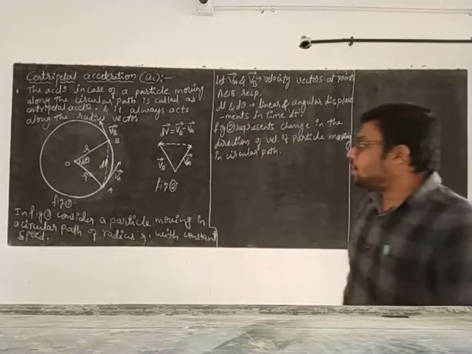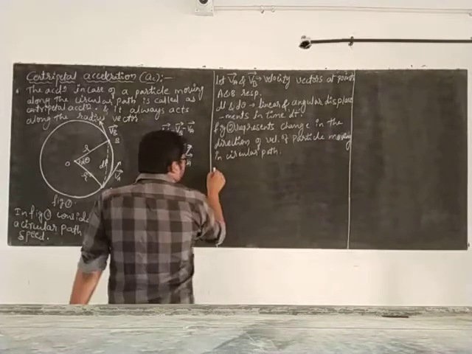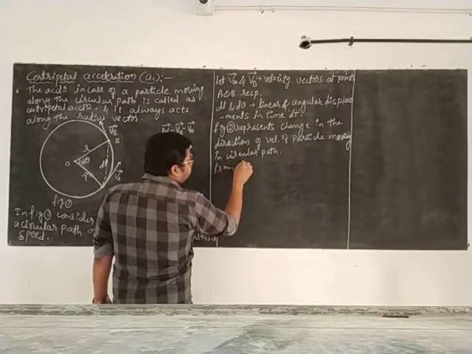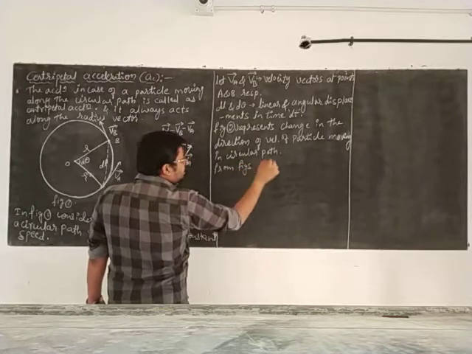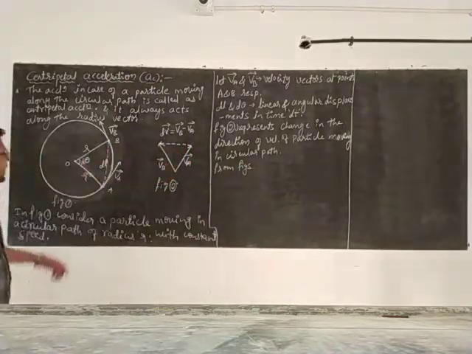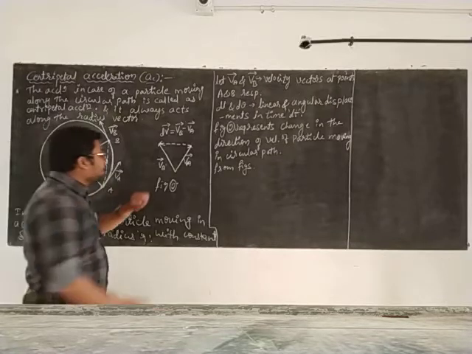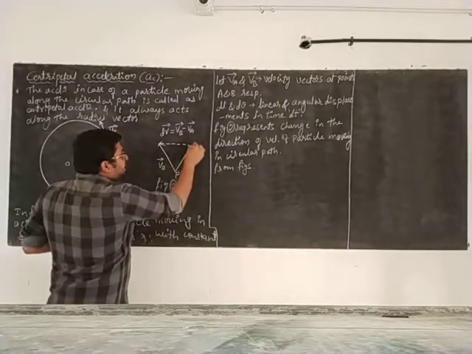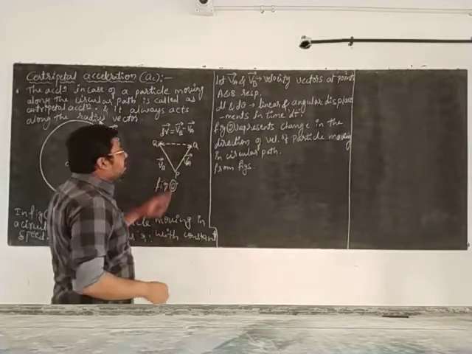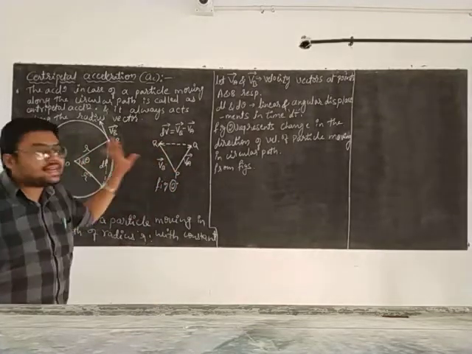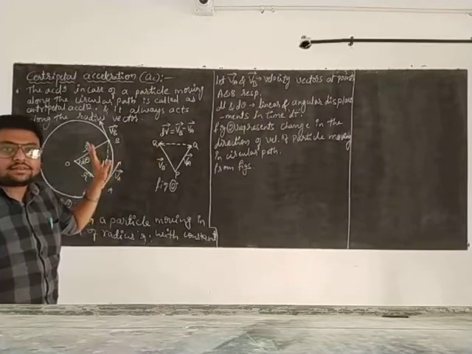Okay? And now, from the figure, you can say, look here, the triangle AOB and the triangle, write it as PQR. Are they not similar? Yes, these two triangles are similar triangles.